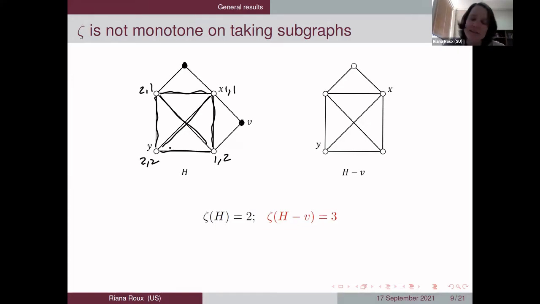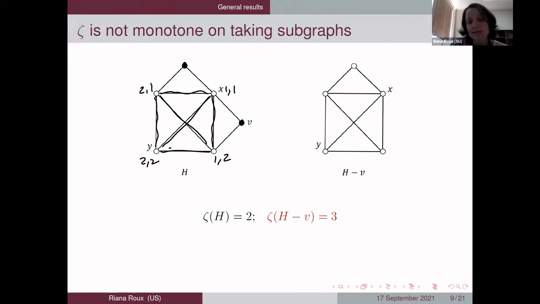So just having a complete subgraph is not enough to show that we need n-1, or clique number minus 1, vertices. The other thing that I want to illustrate with this example is that the parameter does not necessarily decrease if we take a subgraph of the original graph.